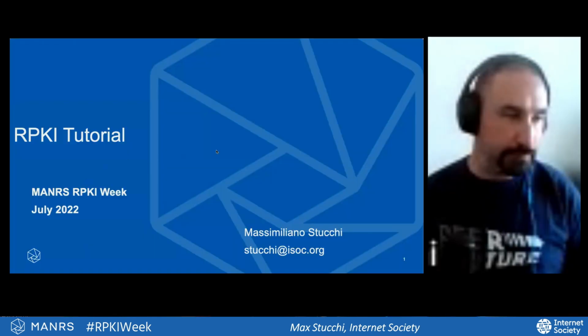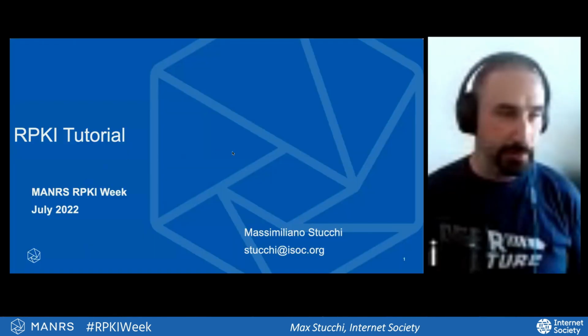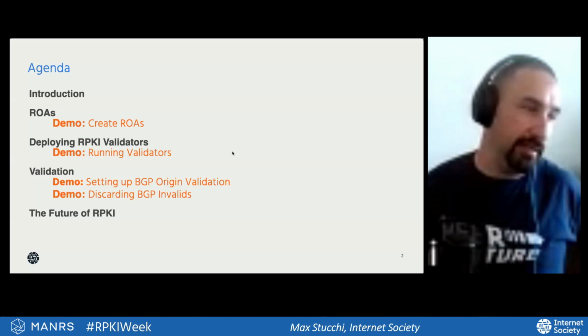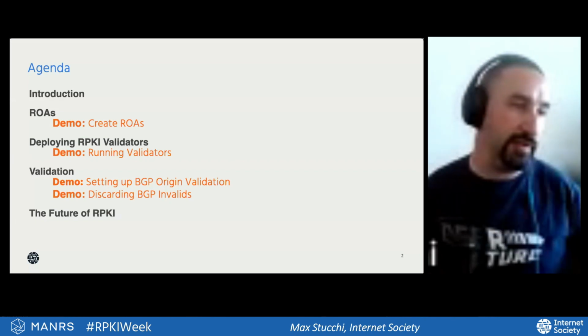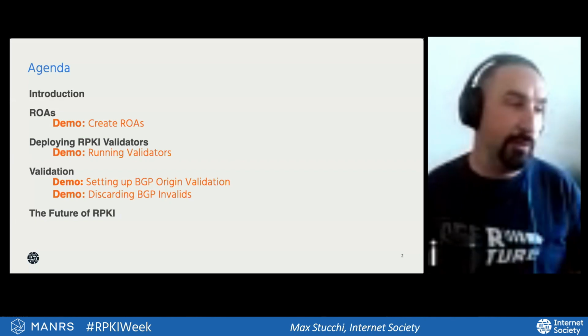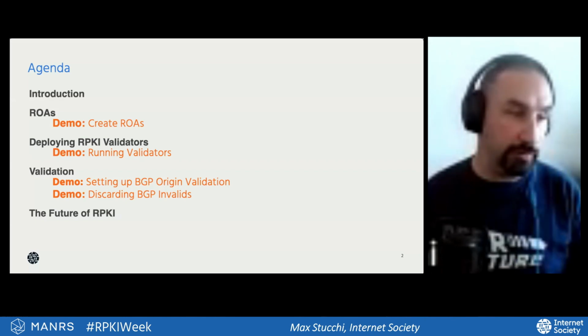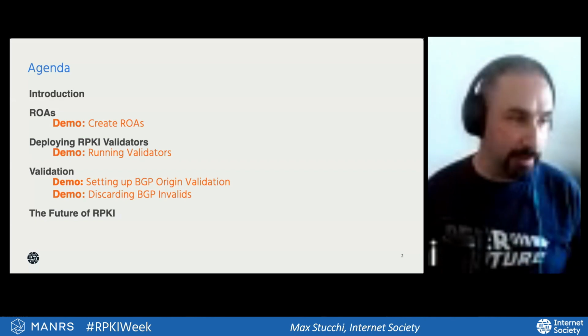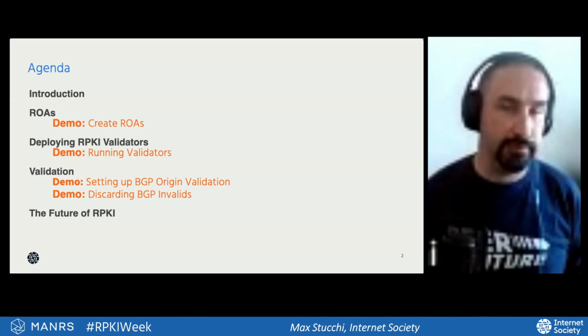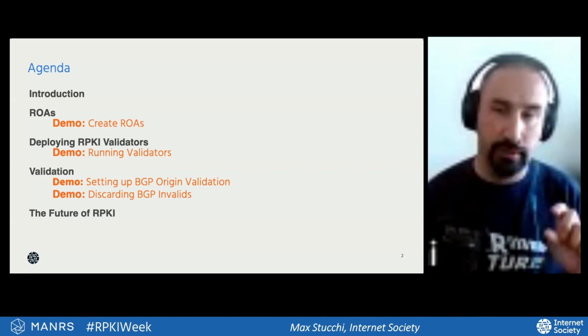So I will take the lead for the moment, and I'll start sharing my slides. So we're here to introduce RPKI, and the way it is composed, we have a small introduction. We will talk about ROAs, and I will do a demo on how to create these ROAs. Then right after that, I'll hand it over for a while to Tön.